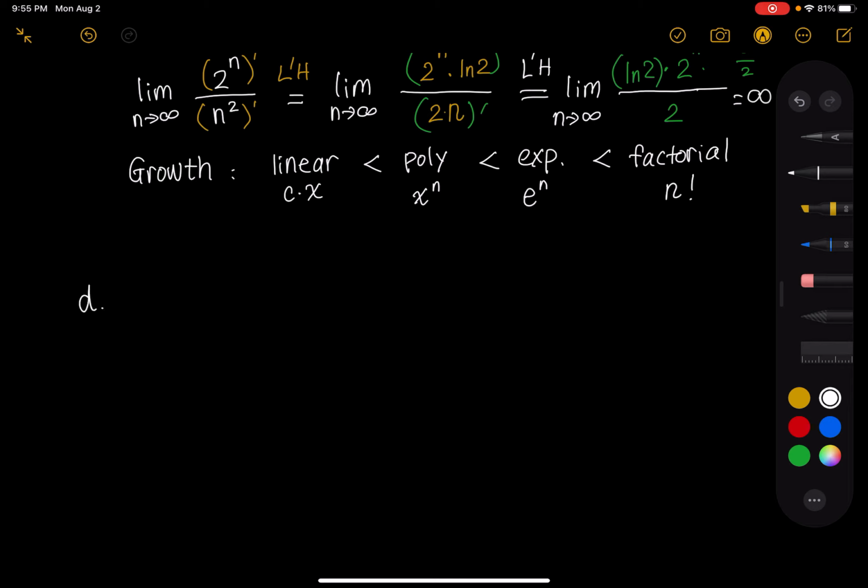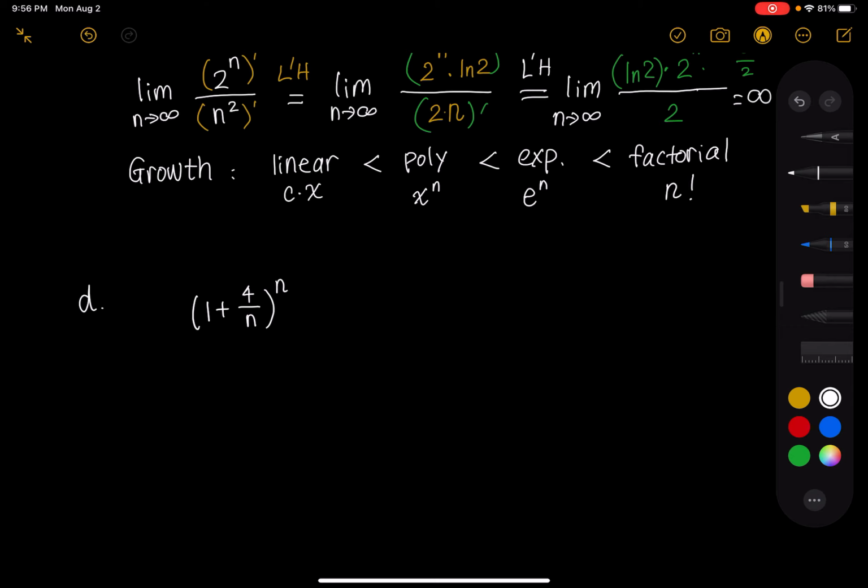Again, that's why limit is so important in Calculus 1. Now we are taking limits all the time in order to understand convergence and study sequences and series. So in part D, the sequence is of the form 1 plus 4 divided by n, to the nth power.